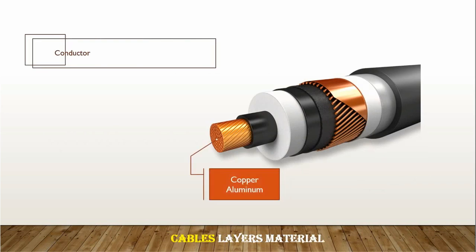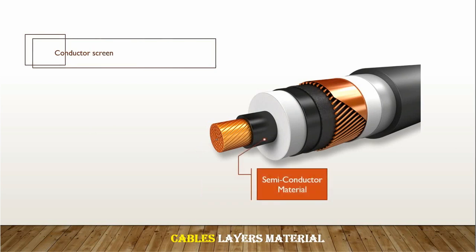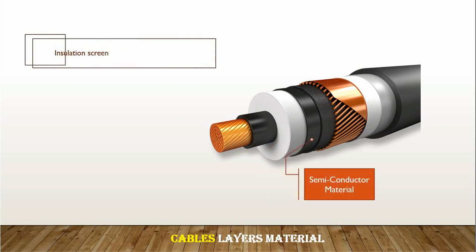As we said, each layer is made of a different material. Like the conductor is made of copper or aluminum, the conductor screen is made of semiconductor material. Insulation is made either from oil-filled or XLPE. Insulation screen is semiconductor material.